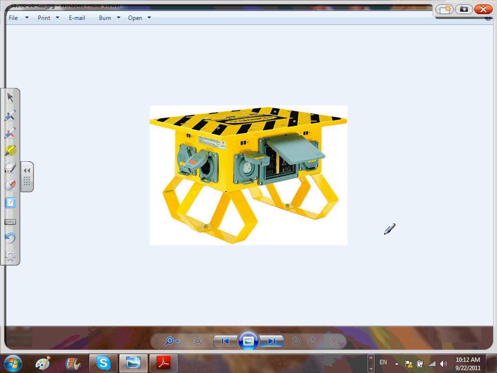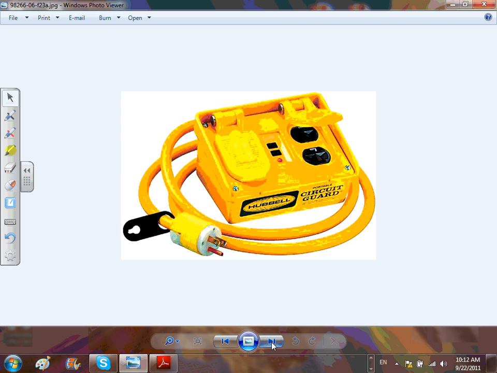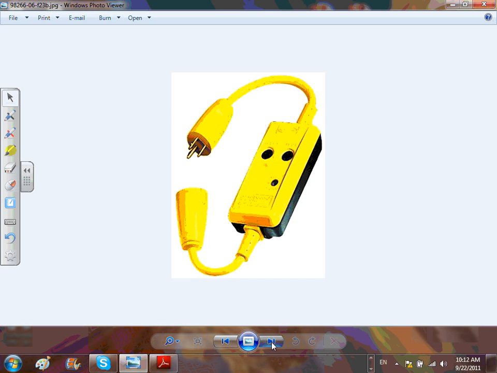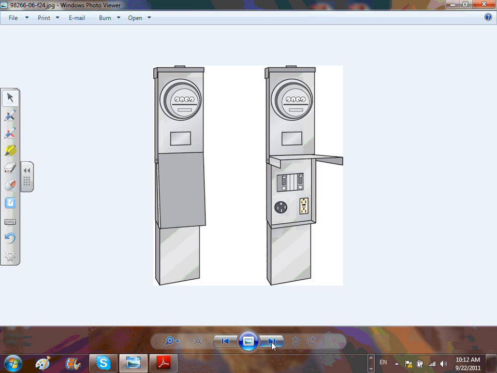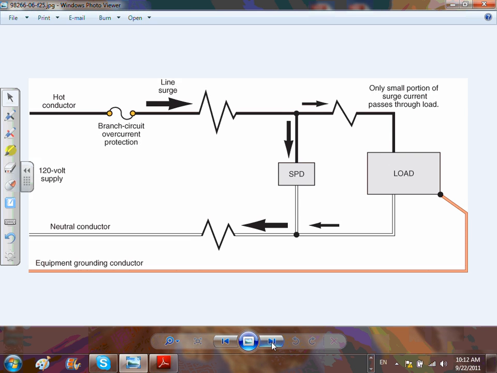So something similar to this, or it has to come from the panel itself. There's a couple of applications where you can use them, or you can put all this equipment GFCI right into the meter area. The last thing I'm going to talk about, guys, is surge protective devices.